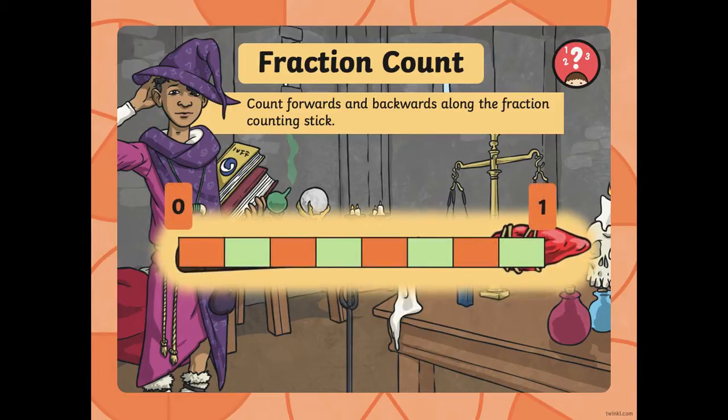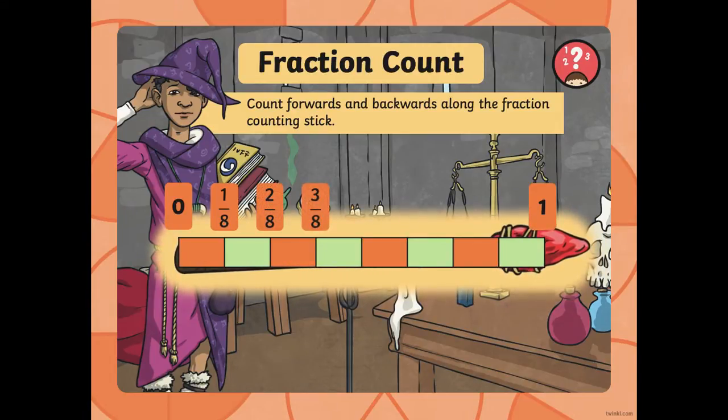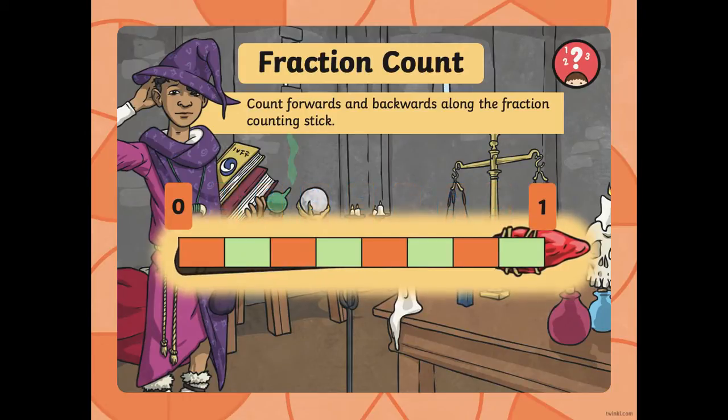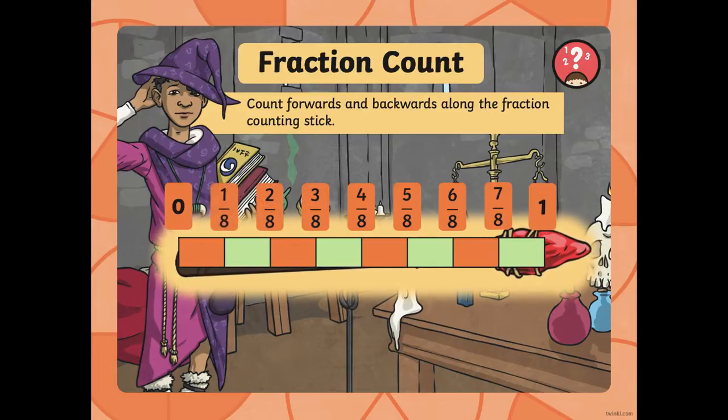And the next one, between 0 and 1, you have 1/8, 2/8, 3/8, 4/8, 5/8, 6/8, 7/8, and then 8/8, or 1 whole. And we're going back down again. 7/8, 6/8, 5/8, 4/8, 3/8, 2/8, 1/8.